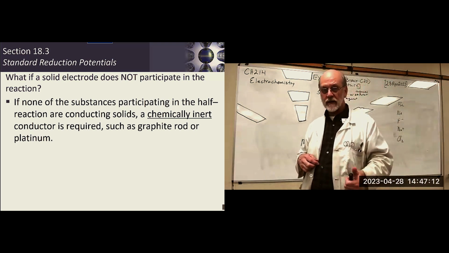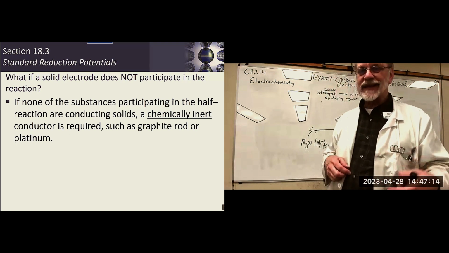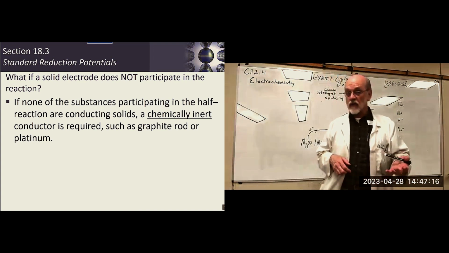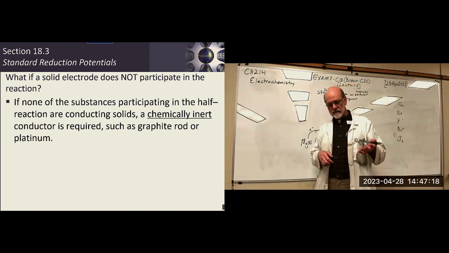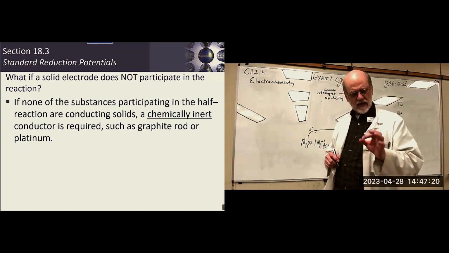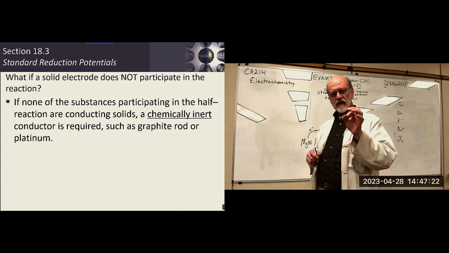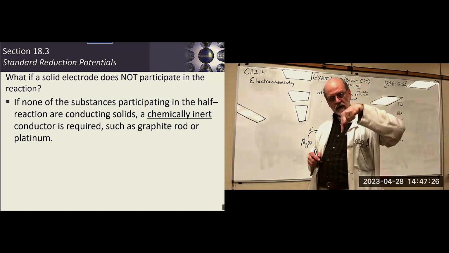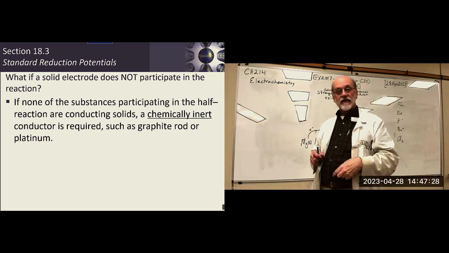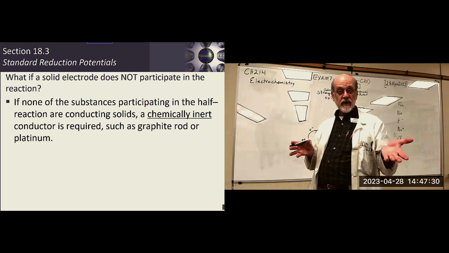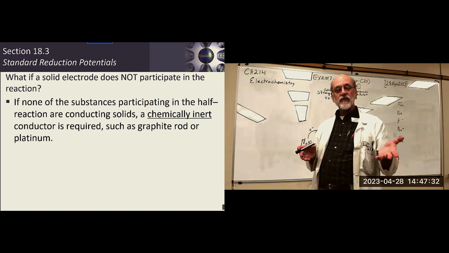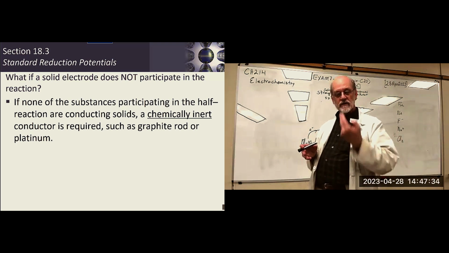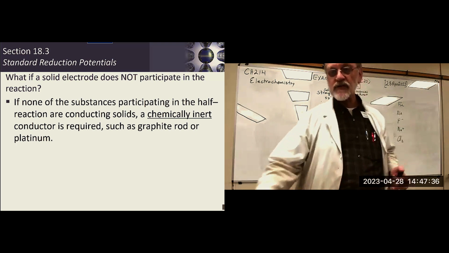They work pretty well. They need to be chemically inert. Even a graphite rod would work. In a dry cell battery, like D cells, C's, AA's, AAA's, they all have a graphite rod running right down through the center. That graphite does not participate in the reaction. It just provides a conduit for electrons to move.